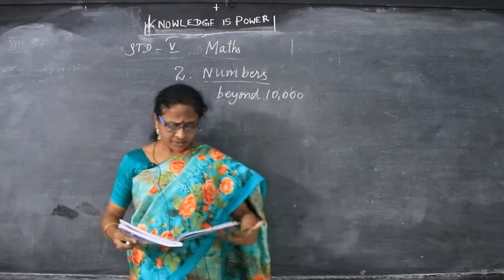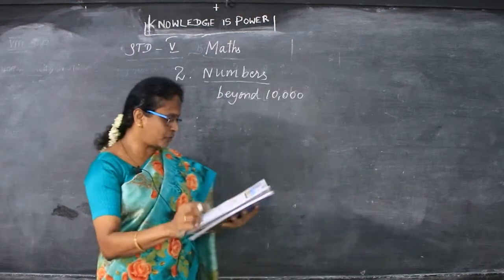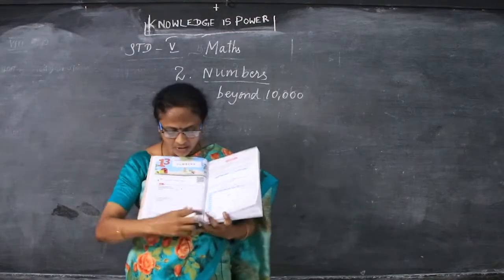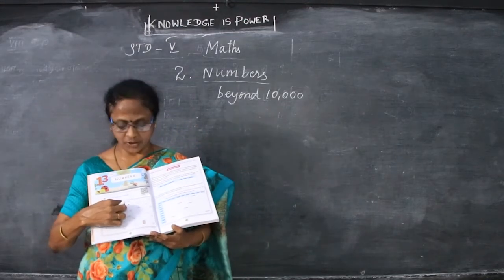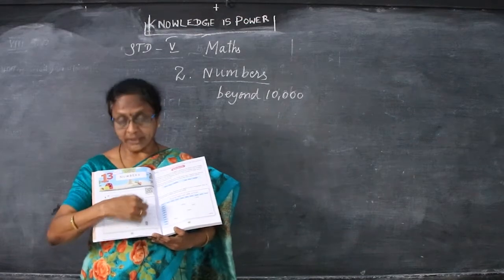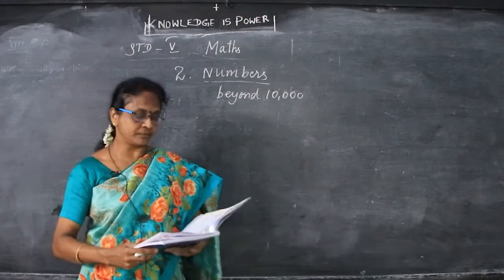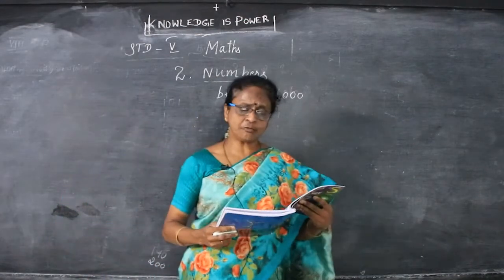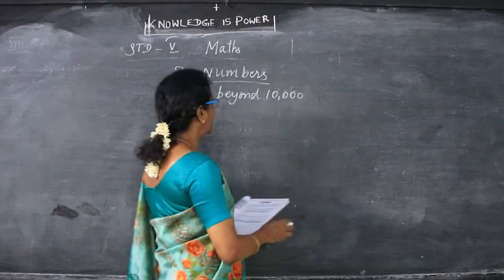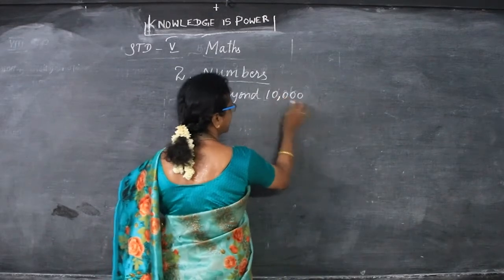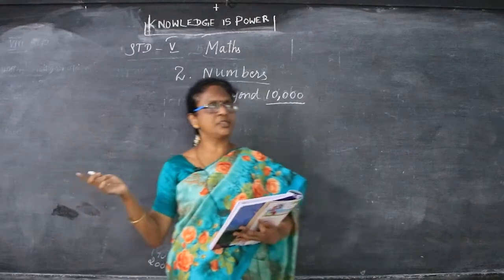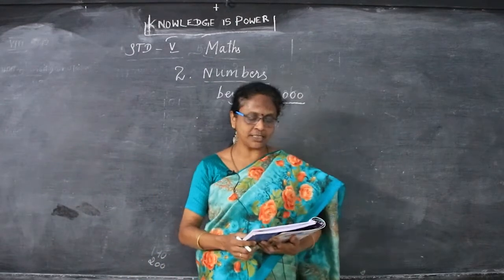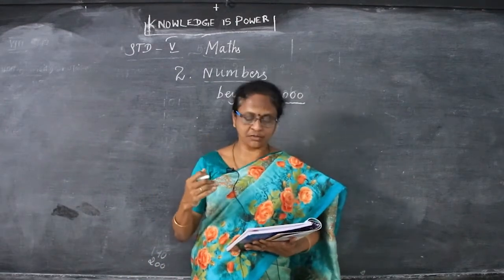Here they have given the numbers. You have to say the numbers and join the pictures. If you join the numbers, you can get one picture. So if you have the book, you can join the numbers and draw the picture. The uses of numbers beyond 10,000. This is 10,000: 10 followed by 3 zeros. Here this is 10,000 in a real life situation.